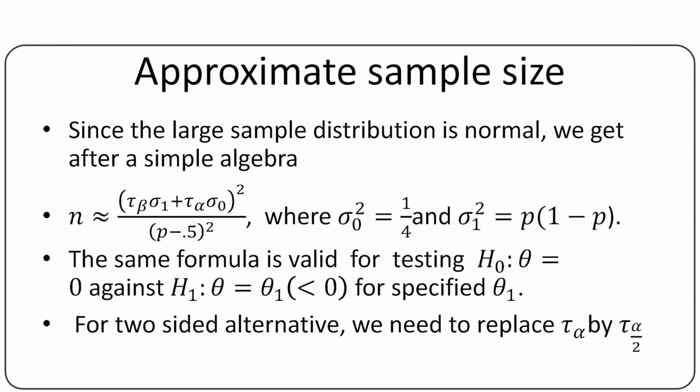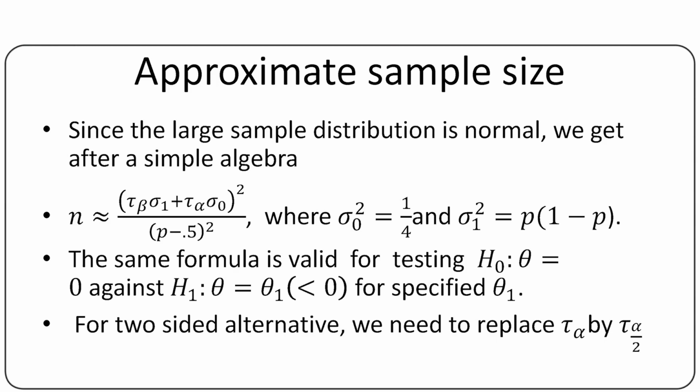Then a simple algebra gives the approximate sample size formula as given in the slide, where sigma 0 squared is nothing but 1 by 4 and sigma 1 squared is nothing but p into (1 minus p). The same formula is valid for testing theta equal to 0 against theta equal to theta 1, where theta 1 is negative and is specified.